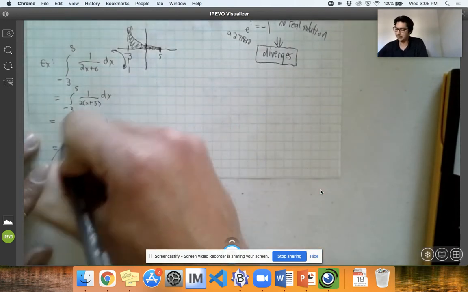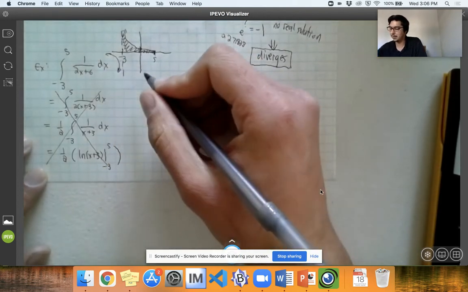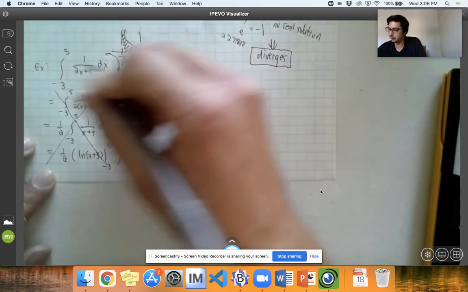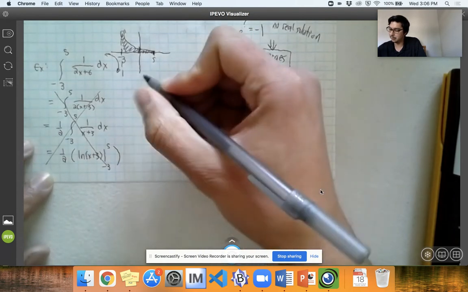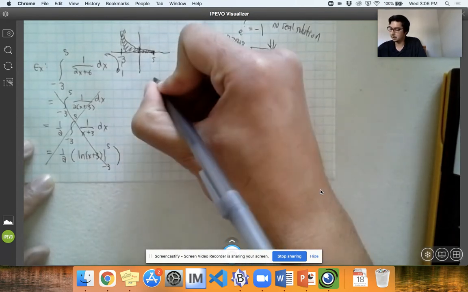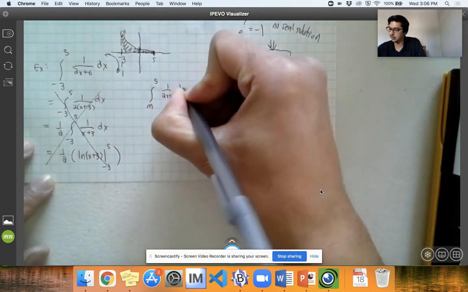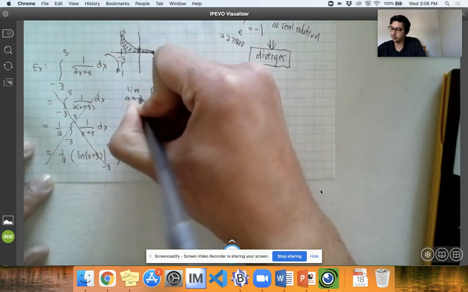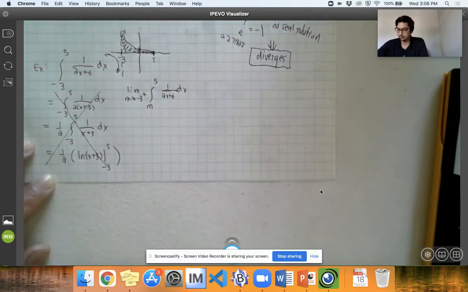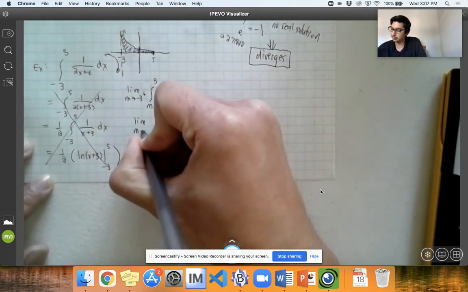So all of this is technically, I don't want you doing that because it's bad math practice. So at that first step, we should have rewritten this as some value, and for my mistake, I'll use m, to 5 of 1 over 2x plus 6 dx. And then we're going to do the limit as m approaches -3 from the right, because that's where we're talking about the area under the curve, in which this is the more proper way of writing this.